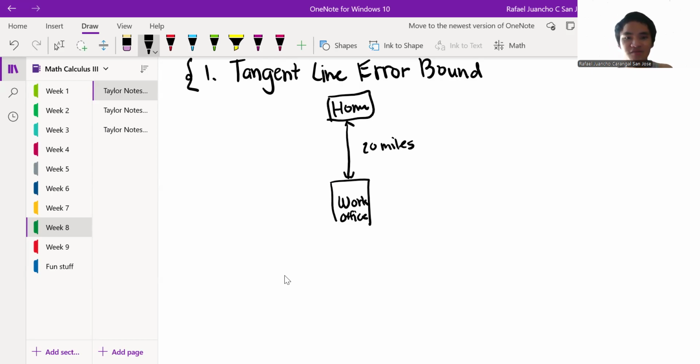And then 15 minutes from now, in the absence of any other information, his best guess is that the car is still at home. And we're going to determine how accurate is this guess. But Ken knows his son will drive the car.